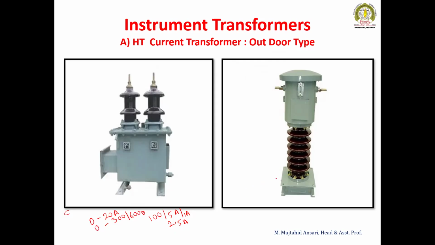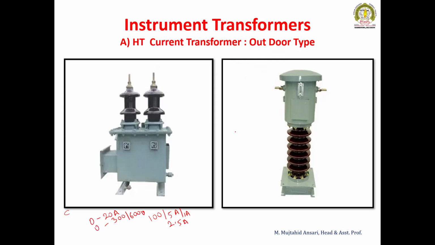Similarly, in case of the voltmeter, it is going to measure up to 600 volt or 300 volt, but the voltage is 132 kV, 400 kV, 765 kV. So this voltage is stepped down with the help of a step down transformer, and the secondary of the step down transformer is connected with the voltmeter.